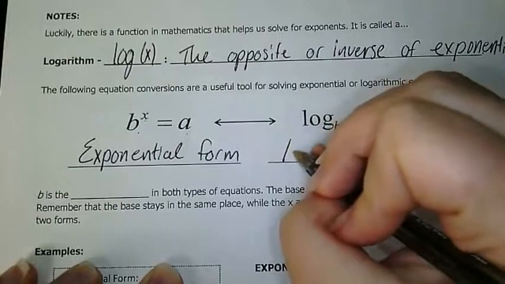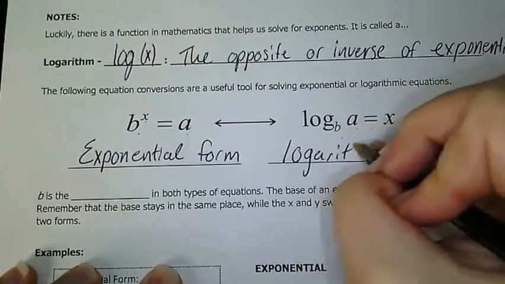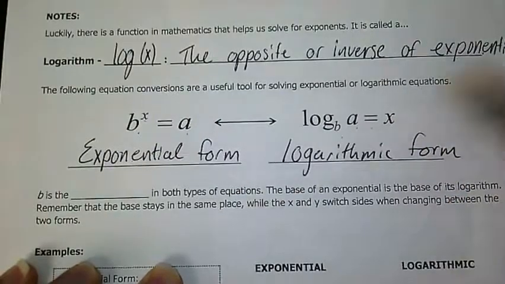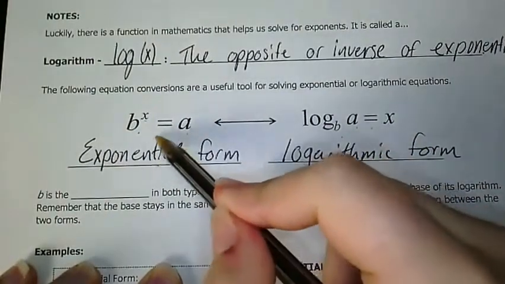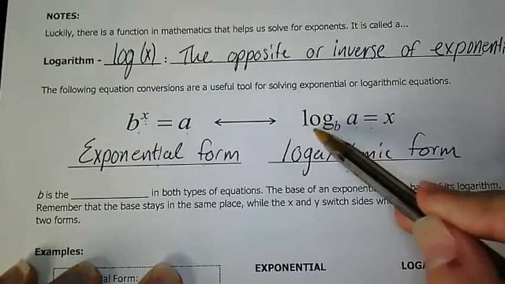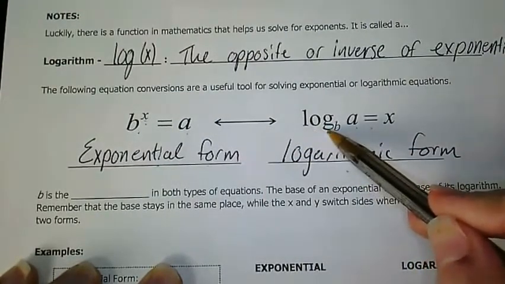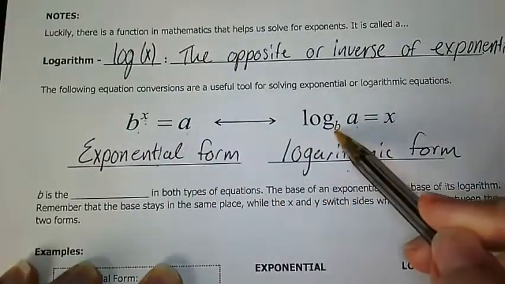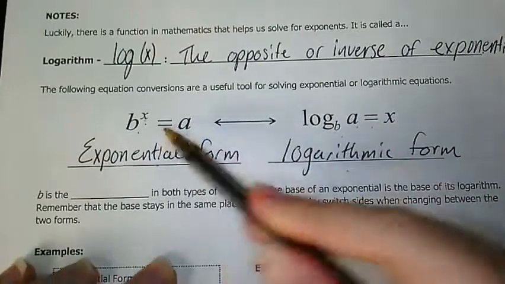This is logarithmic form. Exponential form has an exponent. Logarithmic form will have log in it. So today we're going to be converting between exponential form to logarithmic form or logarithmic form to exponential form.